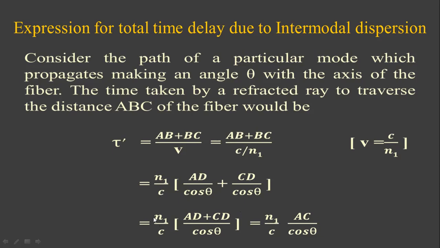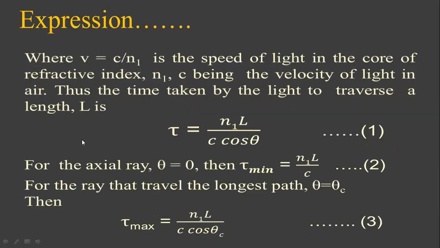We write this N1 by C as it is, and cos theta is common here, so taking the common factor it is (AD plus CD) divided by cos theta, and this is equal to N1 by C into AC by cos theta, since from the diagram AD plus CD is AC.